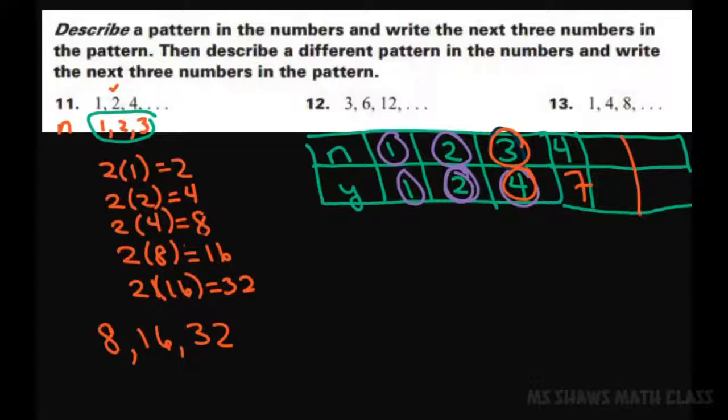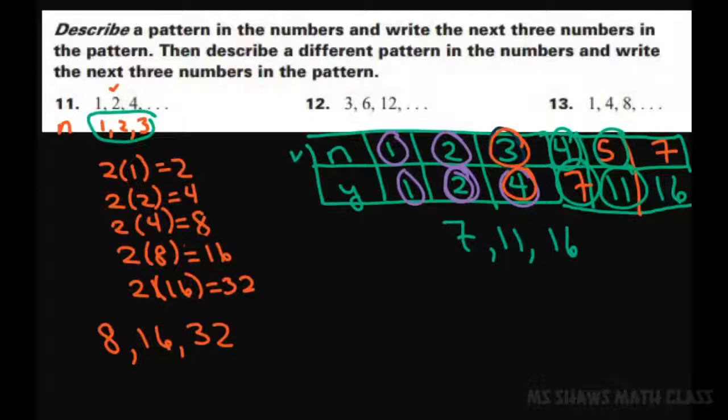I need 3 more terms, so I need the fourth, fifth, and sixth term. Then I could say 4 plus 7 is 11, and 5 plus 11 is 16. So you have 7, 11, 16. So what we did is we added our n to the previous number.